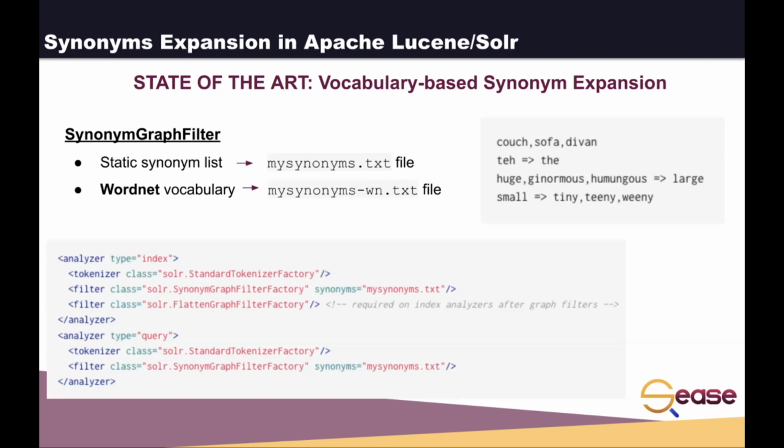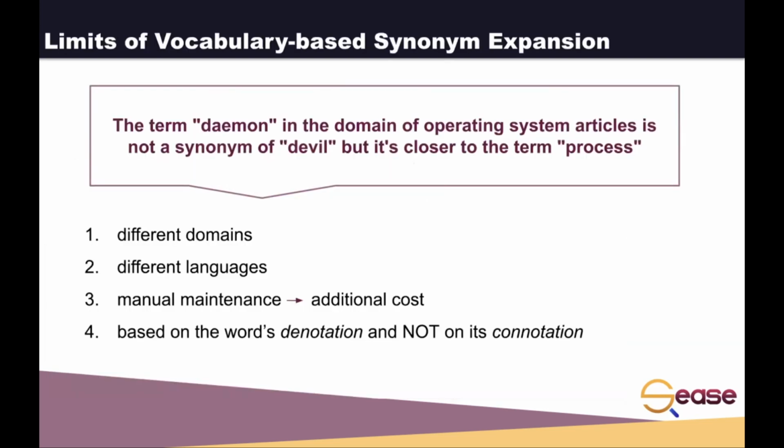Lucene supports two different types of files. We have this static file in that format, and we have the WordNet file. So what are the limits? We don't care about the domain where that specific word is used.